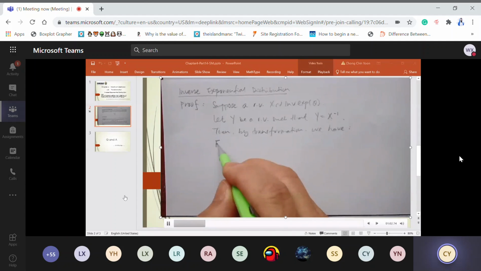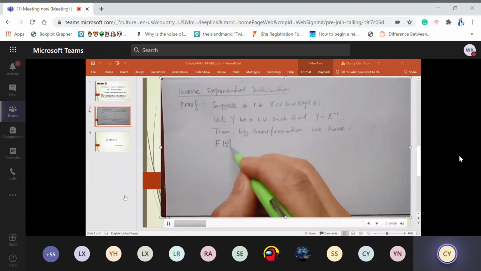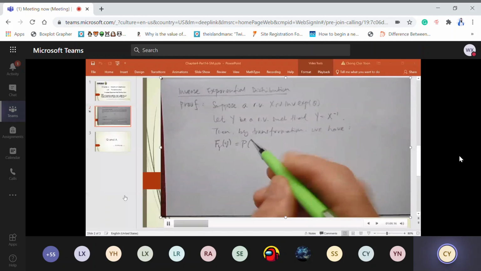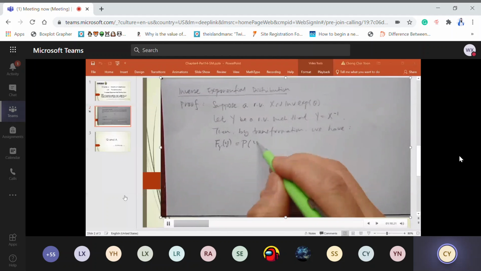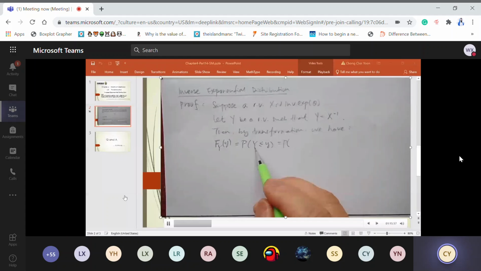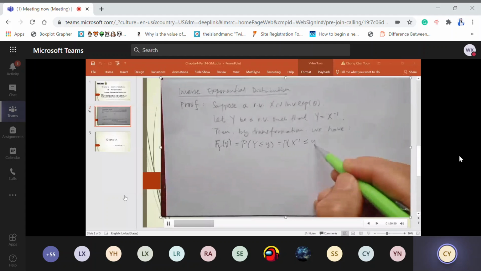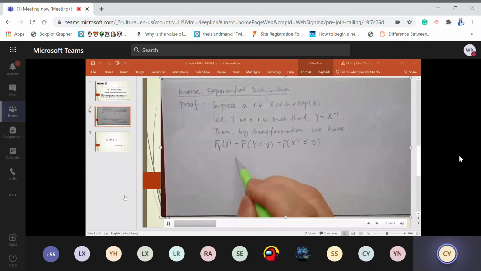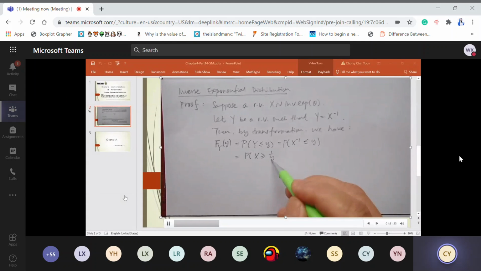So the CDF at y, based on this random variable y, is equal to the probability that y is less than or equal to the y value. Now we substitute y as 1 over x, which is less than or equal to y. When we rearrange, we will have x greater than or equal to 1 over y.